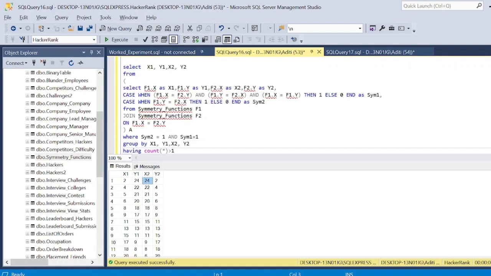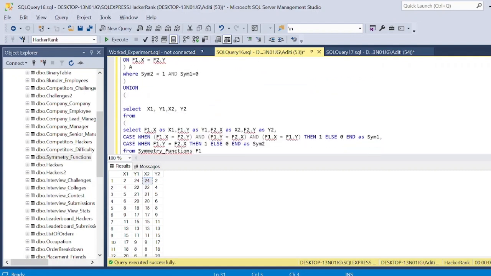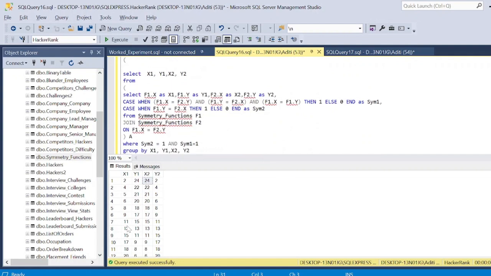You can create separate cases for both scenarios: if all the values are equal and it has more than one record, then it is considered in one table, and if y1 is equal to the x2 and x1 is equal to y2, then it is considered in the second.